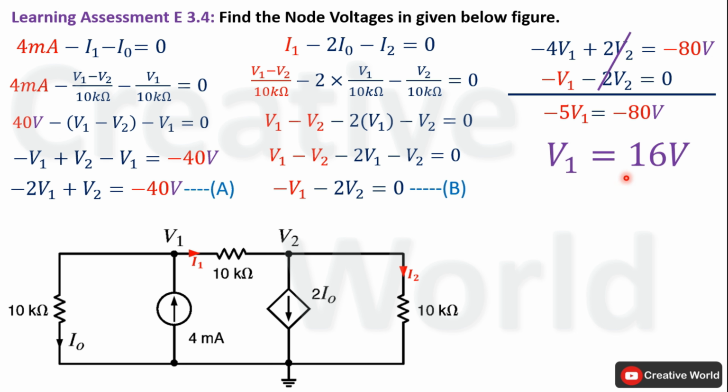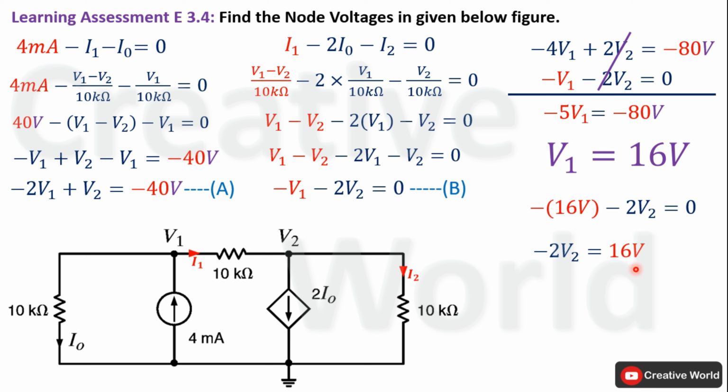After getting the value of voltage V1, we can place this value inside equation B in place of V1 to calculate the value of voltage V2. So place the value of V1 inside equation B. V1 is replaced with 16 volt. Now in order to calculate the value of V2, we will place this minus 16 volt on the other side of equal.